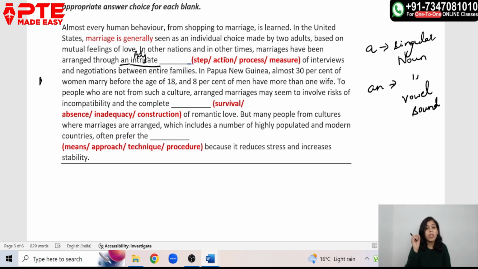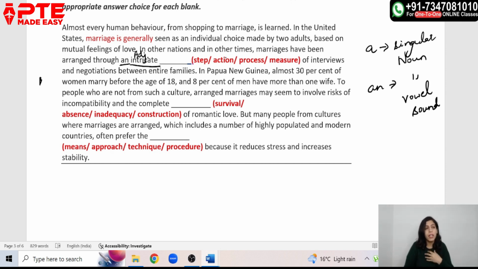A-E-I-O-U. It is not about the alphabet which has been used. It is not about the initial alphabet. It is about the sound. For example, honest. The sound is O, but it starts with H. It is all about the sound that comes there. Honorable. I know many of you do not know this because our teachers have not told us this when we were in school.